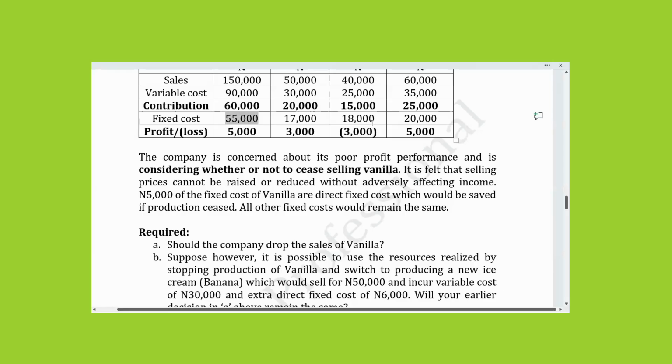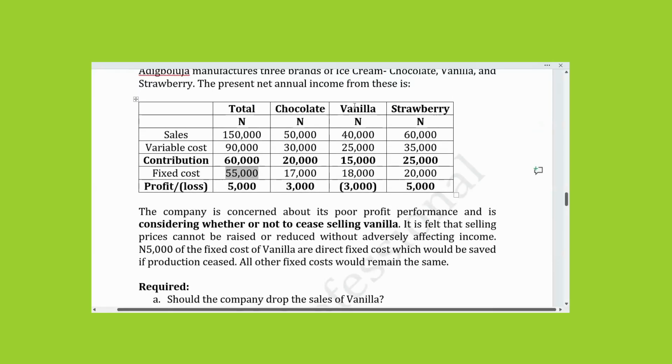The share of vanilla out of this 55,000 naira is 13,000 relating to general fixed overhead. If you remove vanilla completely, the entire products are the ones that will bear the burden. You can imagine if this company only has 5,000 naira profit now. If you remove vanilla completely, the company will be making a loss.